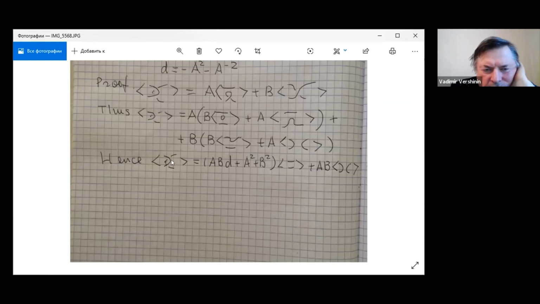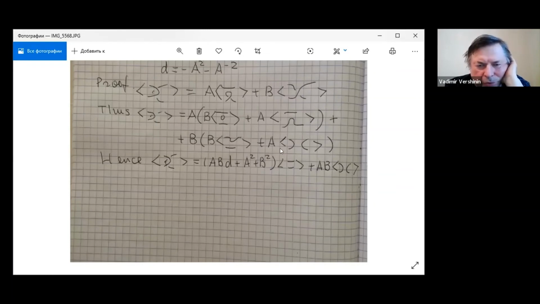Our aim is to have vertical lines. So what does it mean? We get what we need. AB should be equal to 1, because if AB is equal to 1, this will be Reidemeister invariance under Reidemeister 2.